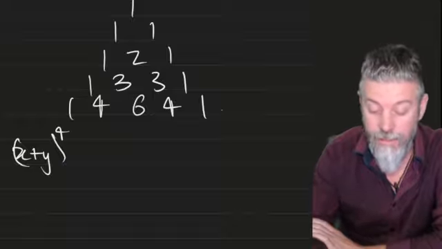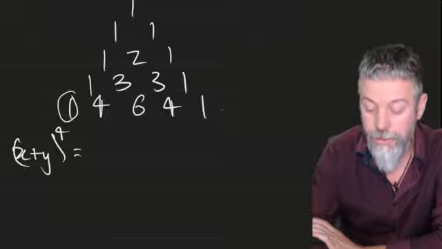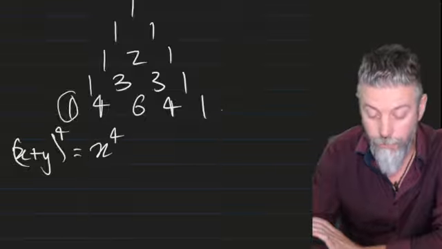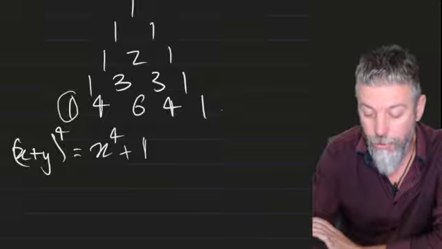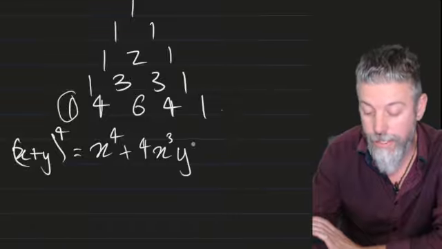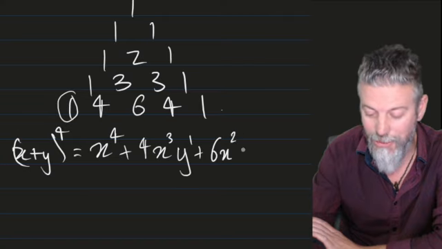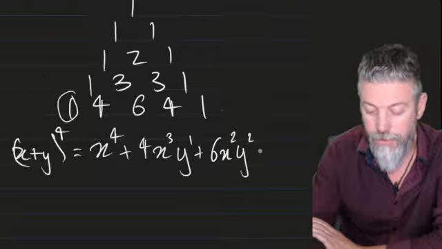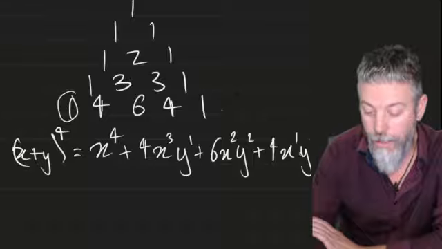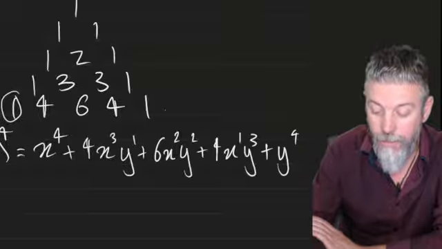So x plus y to the power of 4 equals, we've got the one term first, and we know the first is x to the power of 4. Then we have a 4 coefficient, x to the power of 3, and now y is raising in power to 1, plus 6, x to the power of 2, y to the power of 2, plus 4, x to the power of 1, y to the power of 3, plus y to the power of 4.